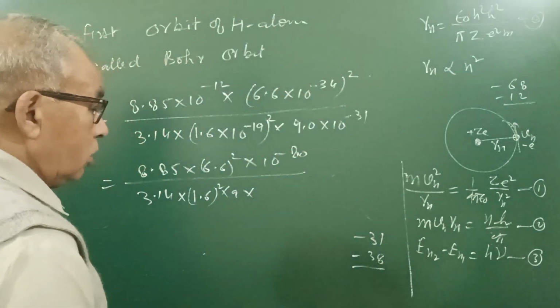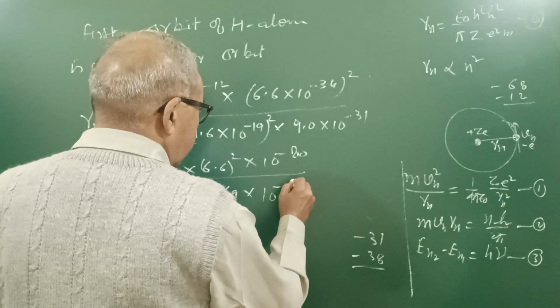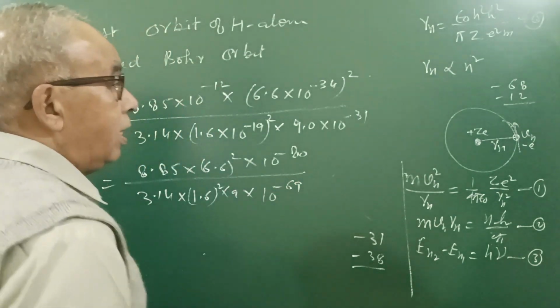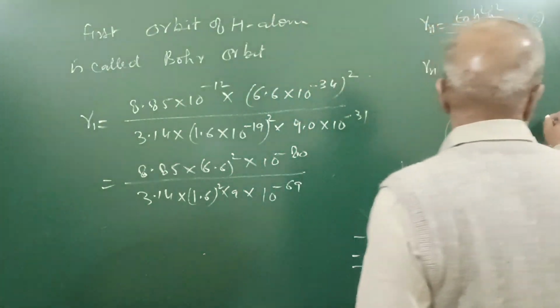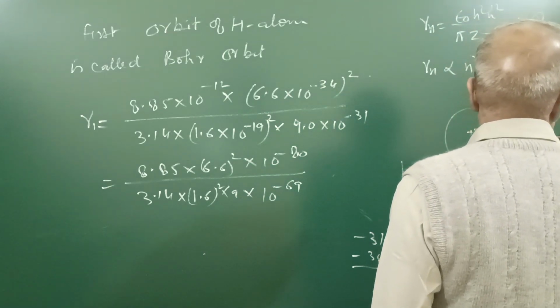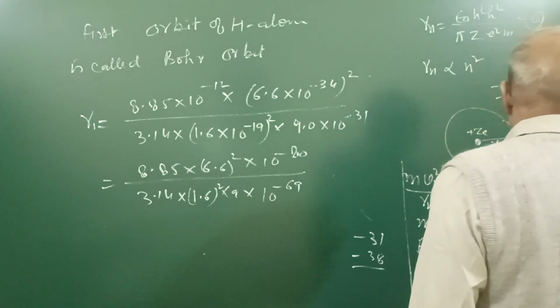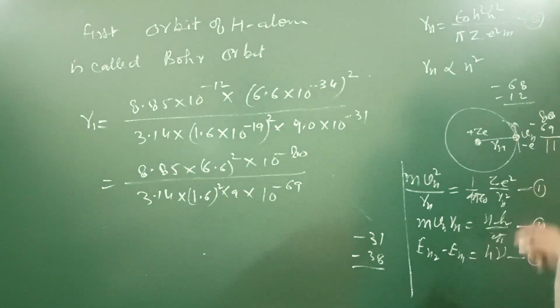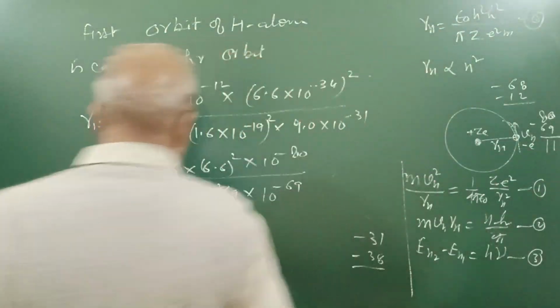It comes out 69. 80 minus 69 equal to 11.